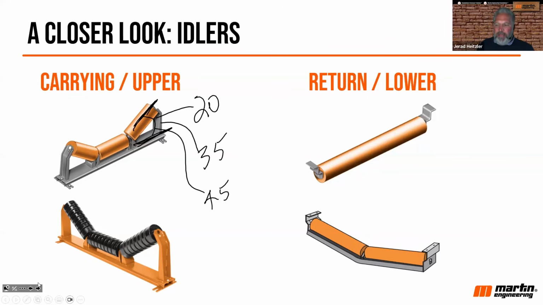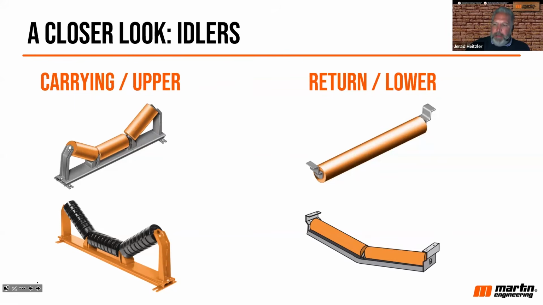In most facilities, you're going to see 35 degrees. However, in some facilities, you'll see 45 degrees. In some, you'll see 20 and 45. But most common is 35-degree idlers. Now, you see in the 2 examples here on the top and the bottom, a steel roll and also a rubber roll.